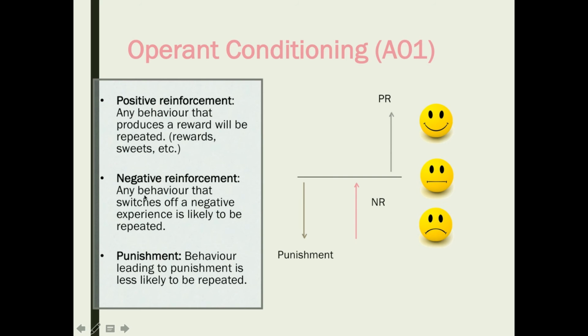Negative reinforcement means that when you have a negative stimulus, perhaps you are feeling really ill or sick, and something removes that negative experience, you'll do whatever it was that removed it. So for example, if you've got a headache and you take a paracetamol and it takes your headache away, you learn a relationship that if you take the paracetamol, it will take your headache away. And punishment. Behavior leading to punishment is less likely to be repeated.